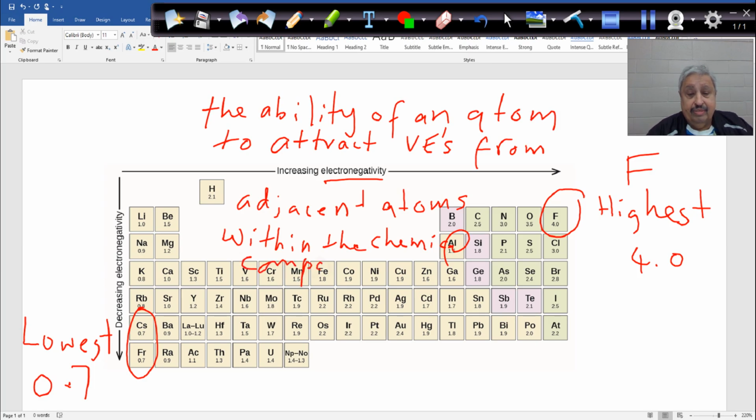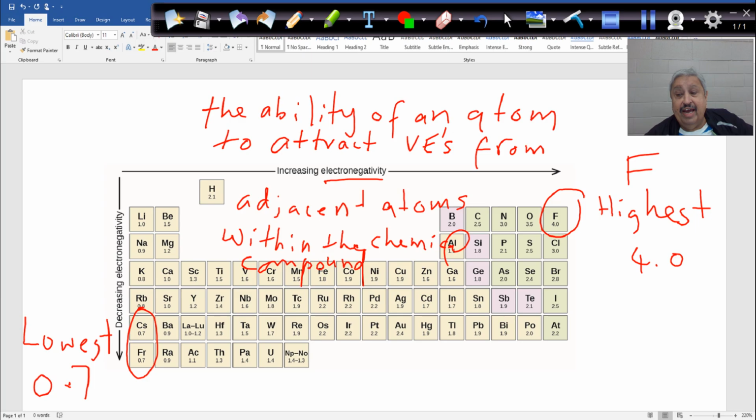Okay, guys, so this is the definition. Everybody is following me here. The definition of electronegativity is really a scale. There are no units for it. That's just a scale. It is the ability of an atom to attract valence electrons from adjacent atoms within a chemical compound.